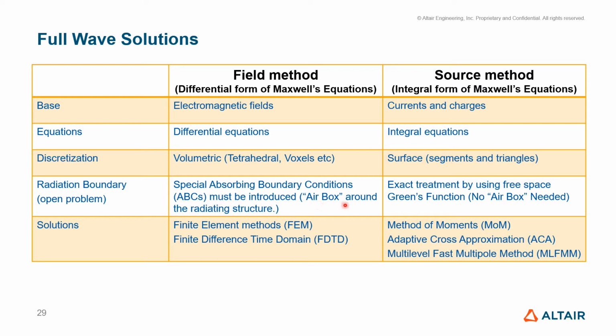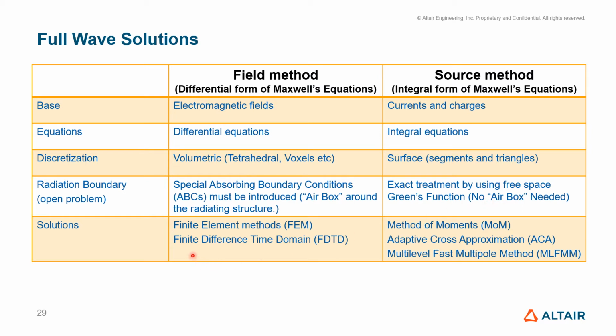Popularly known as air box around the radiating structure. Whereas in the source method, radiation boundary condition is already taken into account in the formulation, so you don't need the air box to be put around the problem of interest there.